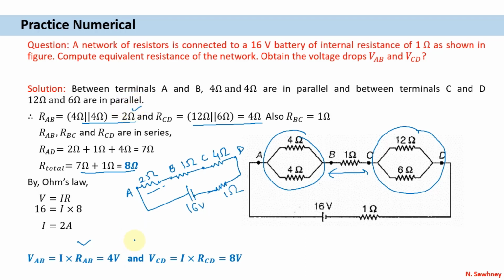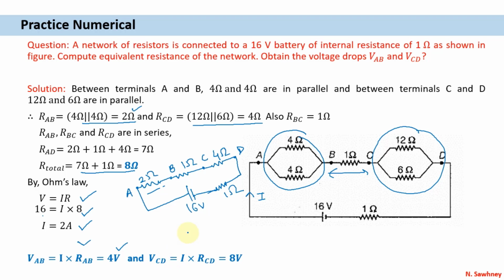So to calculate the potential drop across AB, we should be aware of the flowing current I. For this, we will apply Ohm's law, V is equal to IR, and put down the value of V, potential difference 16 volt, current I we have to calculate. Equivalent resistance or total resistance of the circuit is 8 ohm. So from here we have calculated current as 2 amperes. Put down the value of 2 ampere here to calculate the potential drop between AB. You will find 4 volt.